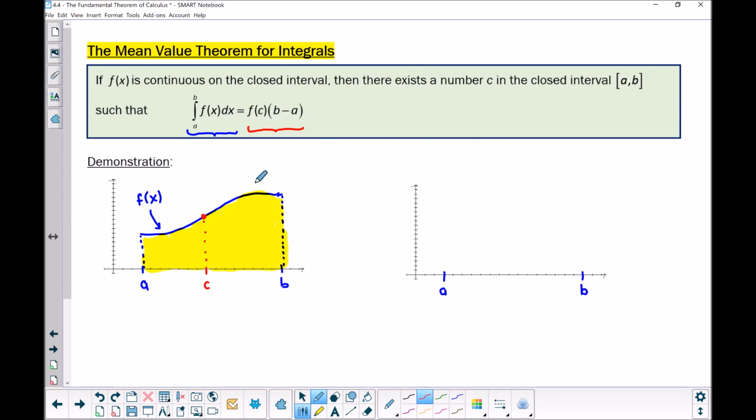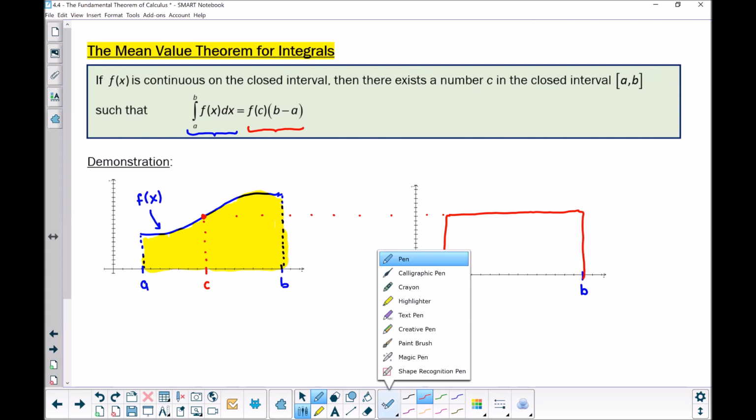But what I want to do is carry that value over to the right graph. By the time I get to that same height between A and B, I'm going to draw that in, bring them down to the A and the B, and I have, guess what?